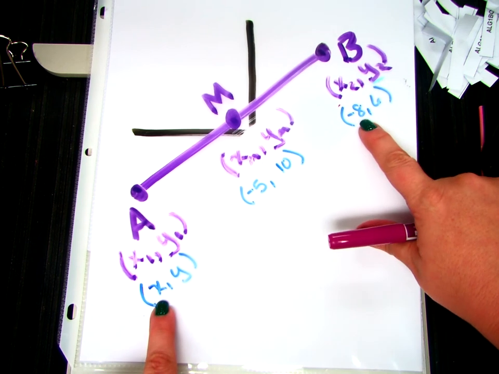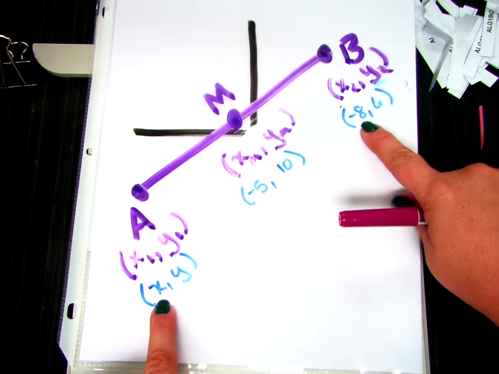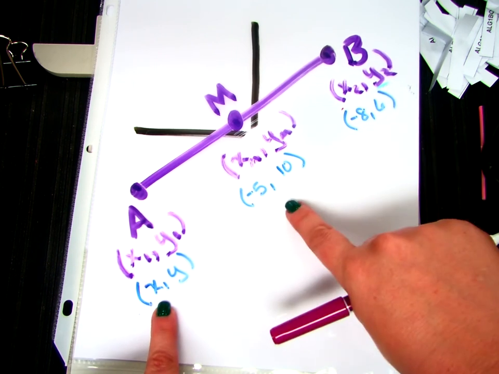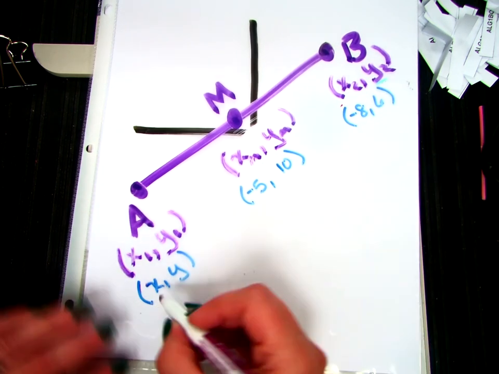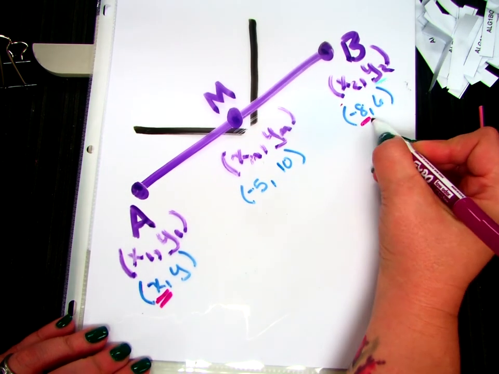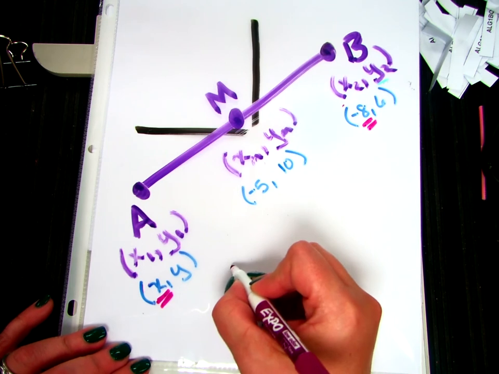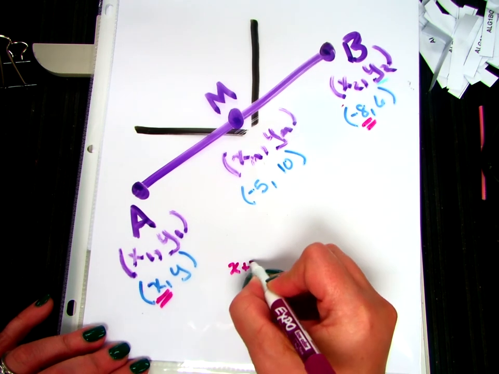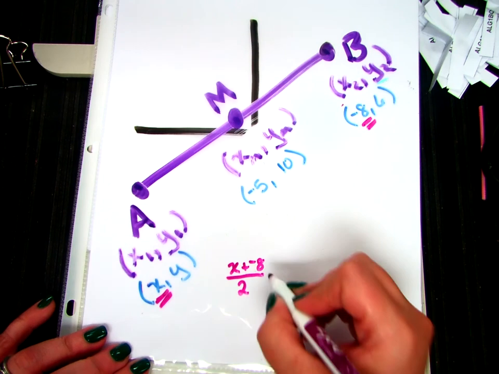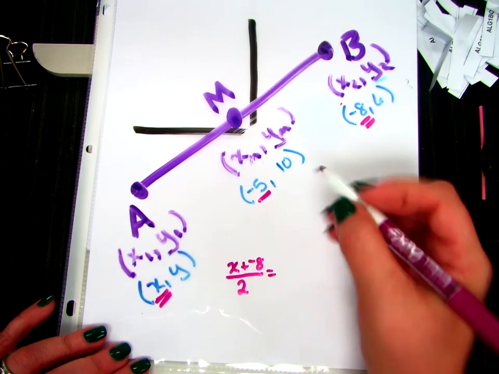The average of these two, and what's it going to equal? The average of the outside points equals the inside, negative 5. So if I take the x and the negative 8 and average them together, x plus negative 8 divided by 2, that's how you average them, it's going to equal the middle number, negative 5.